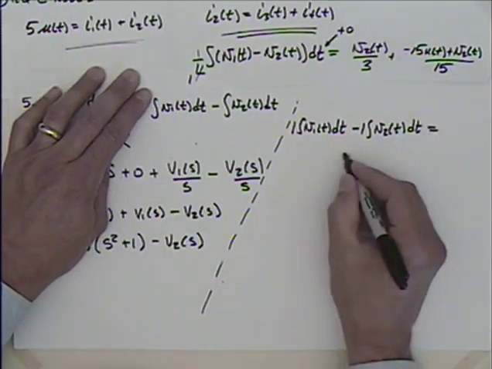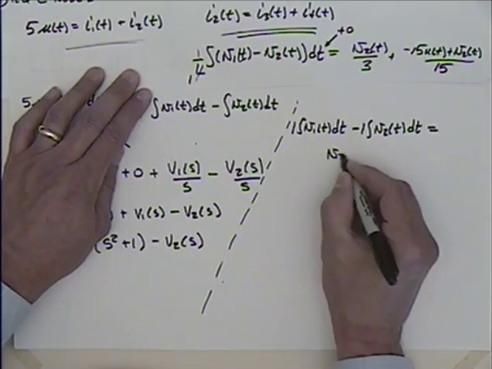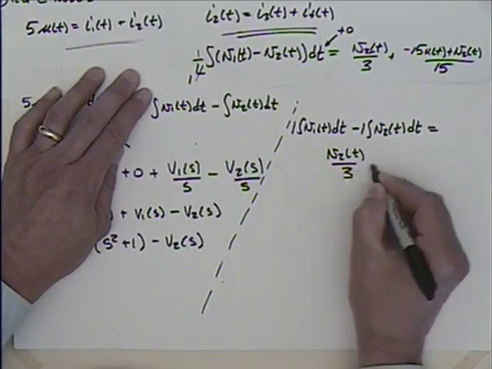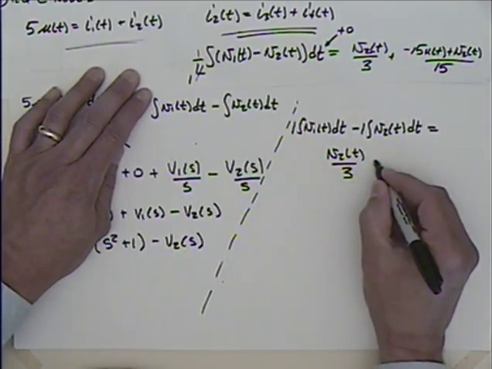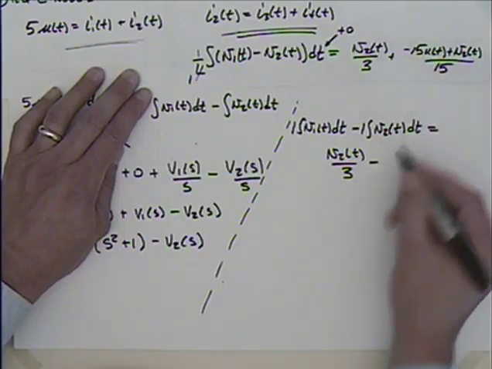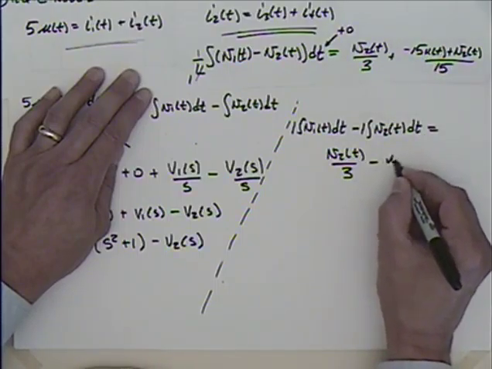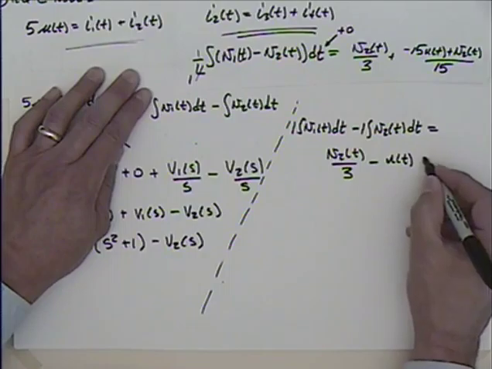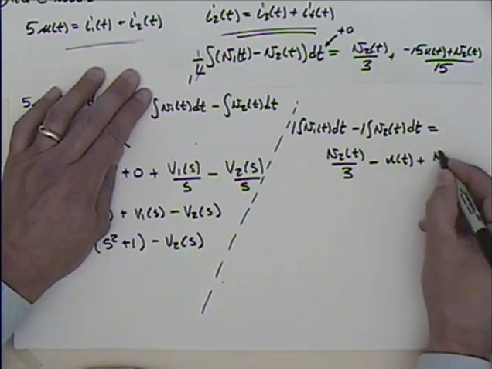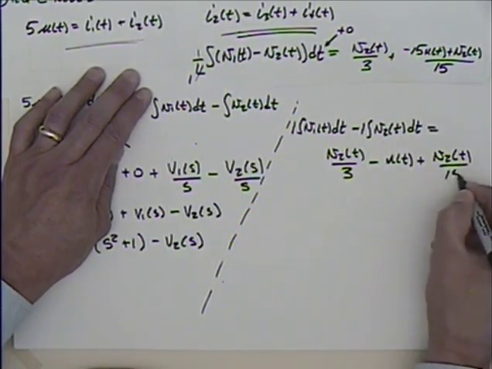Is equal to V2 of t over 3 minus, let's see, 15 over 15 is 1, so I'll just say minus u of t. And then I'm going to have to add V2 of t over 15.